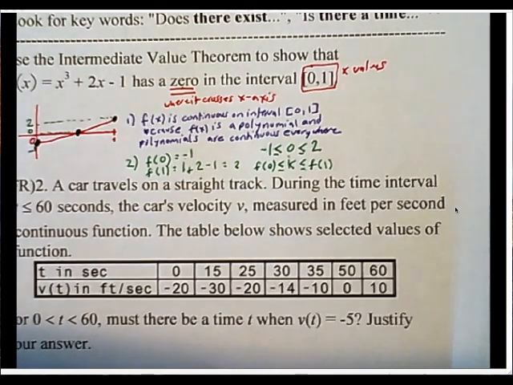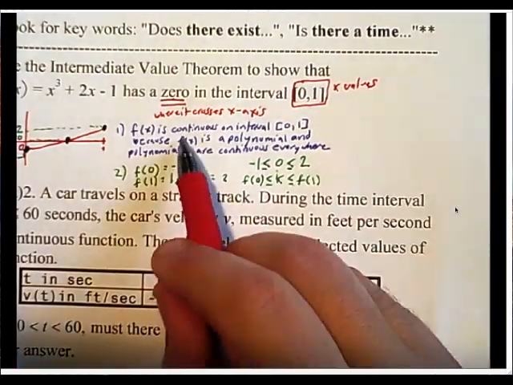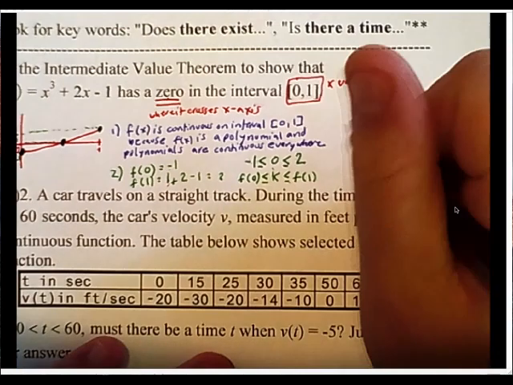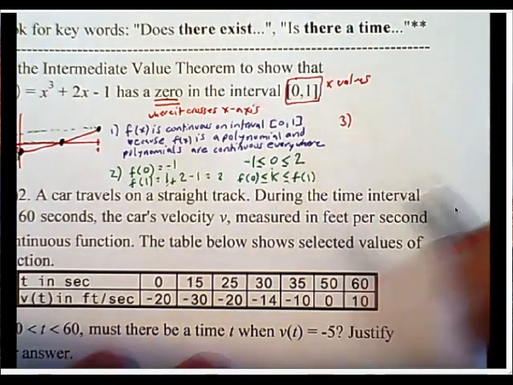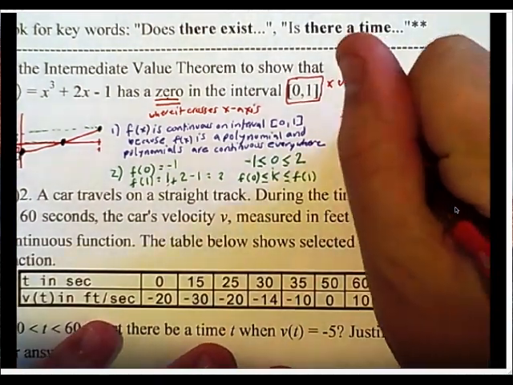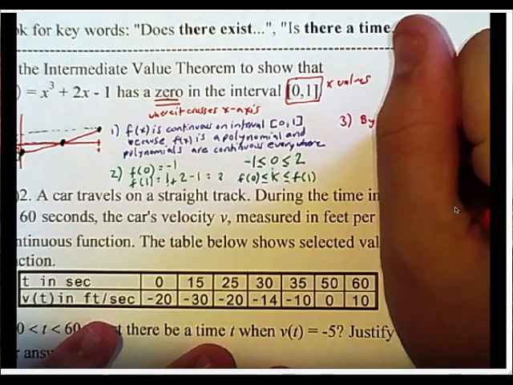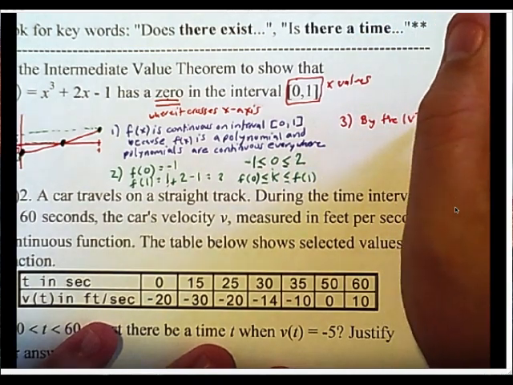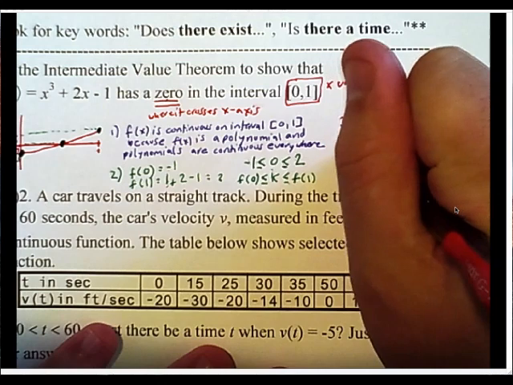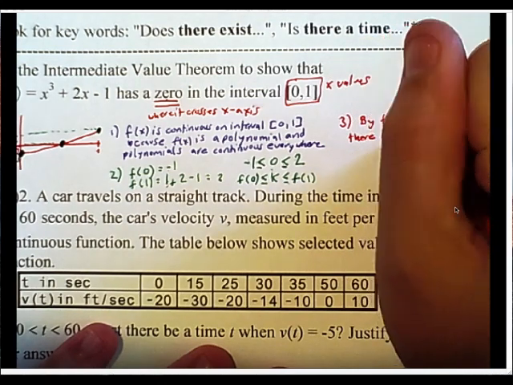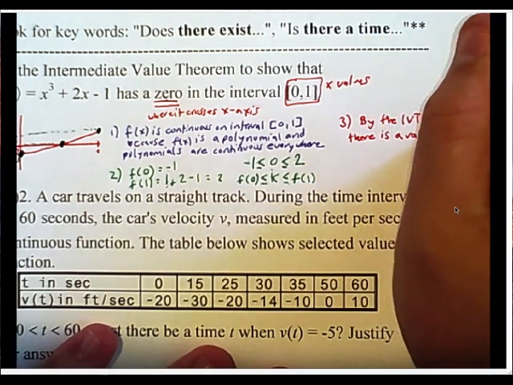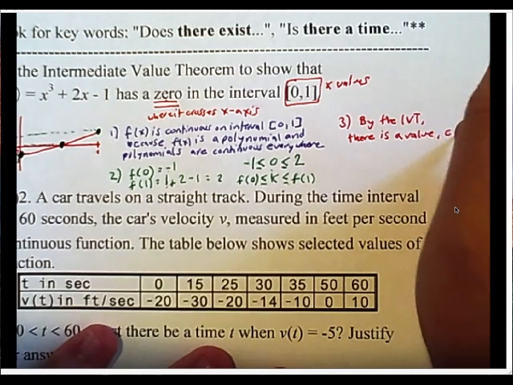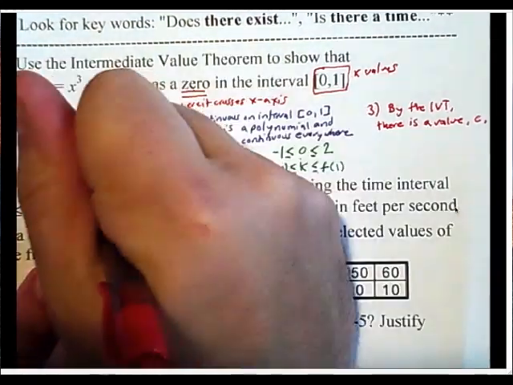All right. Now, as long as 1 and 2 are true, then I can say something like this. By the intermediate value theorem, there is a value which I'm going to call C. Okay, it's an x value.